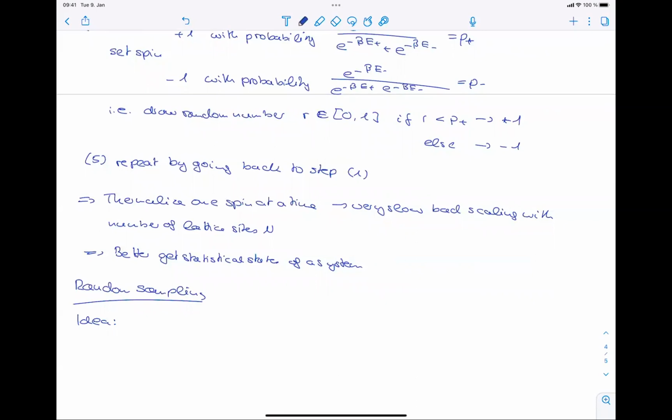Okay, so a heat bath is really like the idea of thermalizing one state at a time. But what I can do is, I really want to get the statistics for the system. I don't want to enumerate them all, but what I could do is just randomly draw states.